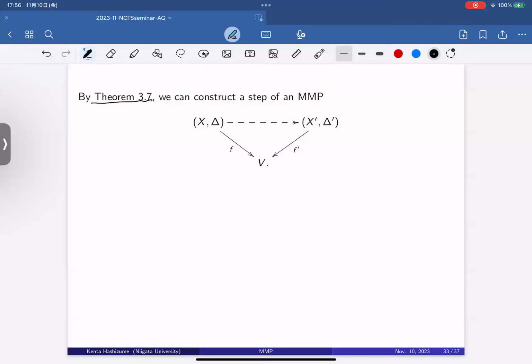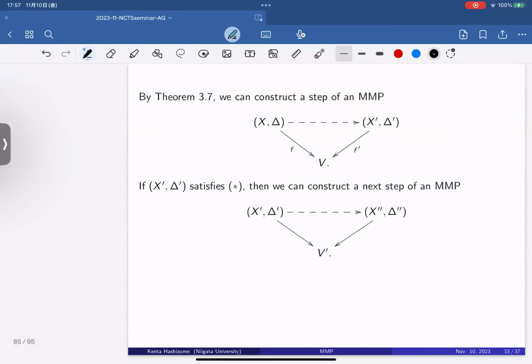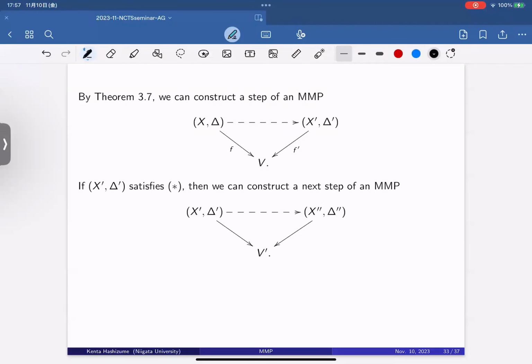Then we can use the next theorem, for the construction of an MMP step. Then we can construct the first step of an MMP. Now, suppose that (X', Δ') also satisfies the condition star, the asterisk.